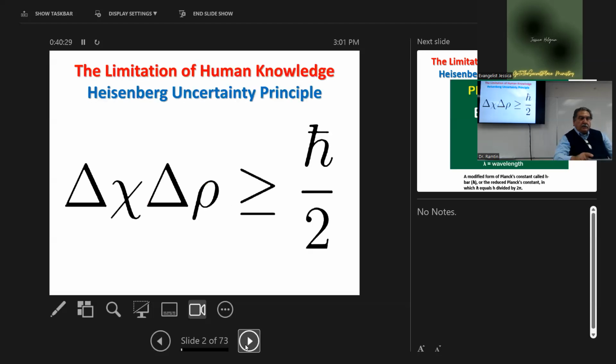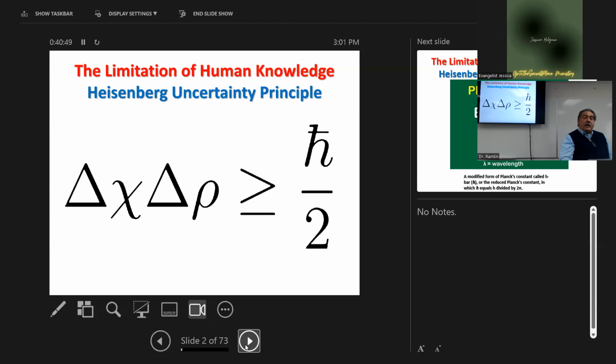Last week I mentioned the Heisenberg uncertainty principle that shows the limitation of human knowledge. Heisenberg was a German physicist back in the 1920s, so almost 100 years ago.